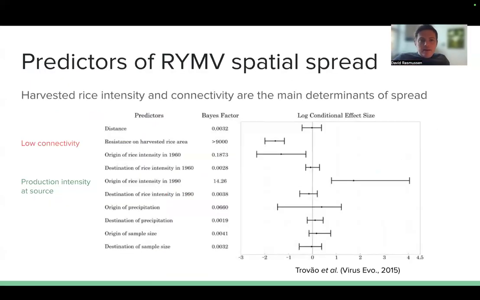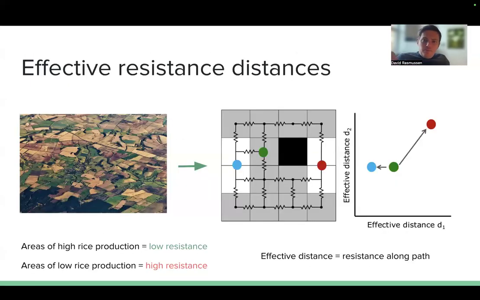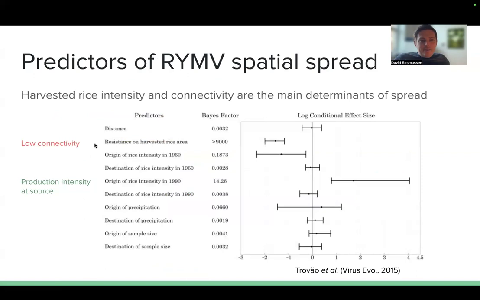And by translating the agricultural landscape into these effective distances, they are able to quantify how different predictors of spatial spread on these landscapes actually lead to higher resistance or lower connectivity in the landscape. And here they found that there are two main factors that predict how well connected different locations are.